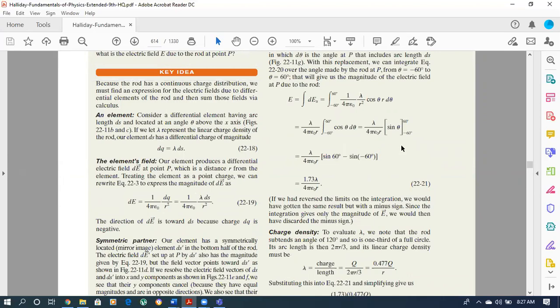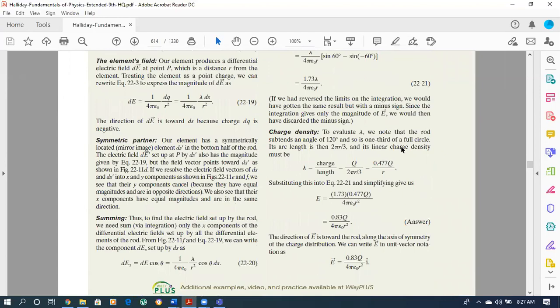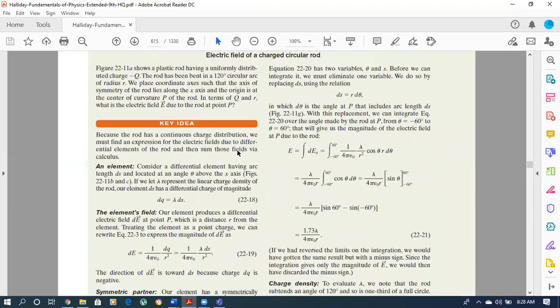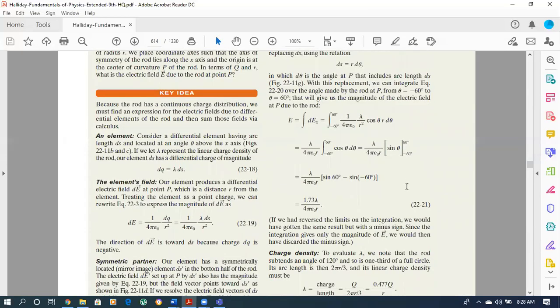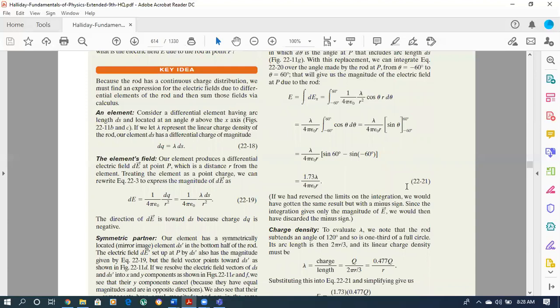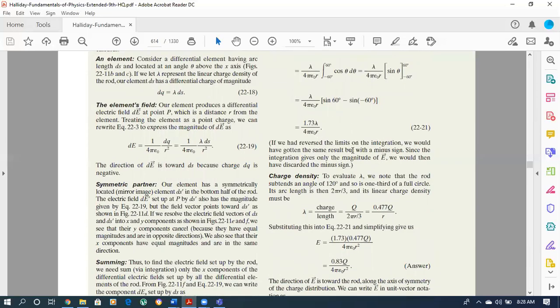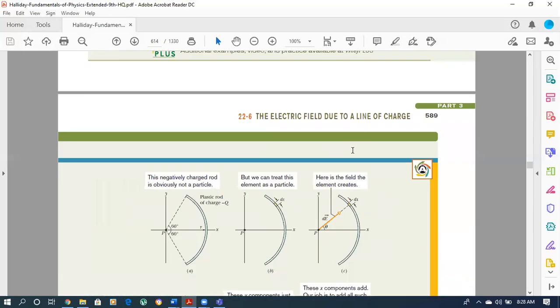Maybe in this example it is 60, but if you are asked to solve for an angle of 70 or 80, it is not difficult to use the values of the angle. You just put the limits from these angles in this equation, and you will find the general expression. If you are given the density, you can put the values of the charge density, or otherwise you will find some expression for this problem.